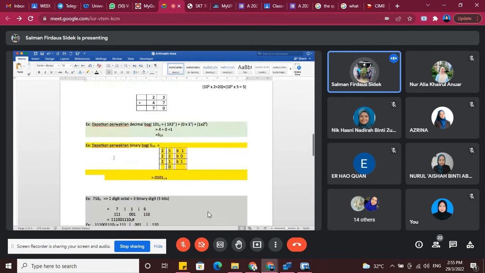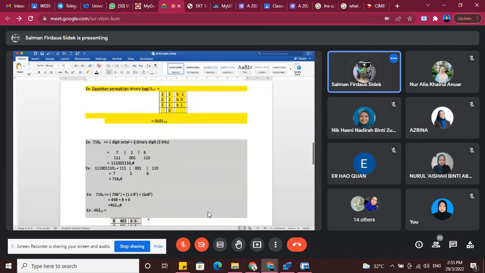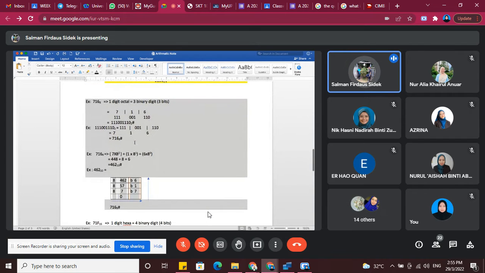Dah ada dua teknik ni. Ini teknik untuk binary kepada decimal dan decimal kepada binary. Awak tengok darab dengan apa, bahagi dengan apa. Okey, and then yang bawah ni octal kepada binary dan binary kepada octal, as well as octal kepada decimal dan decimal kepada octal. Tengok teknik apa yang saya gunakan.